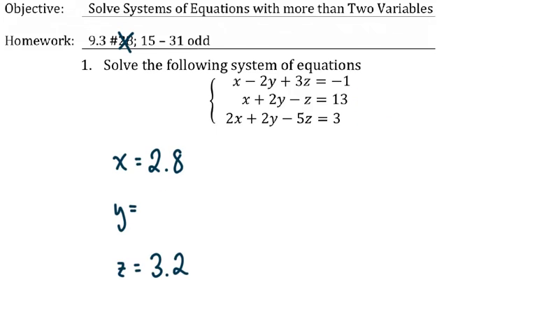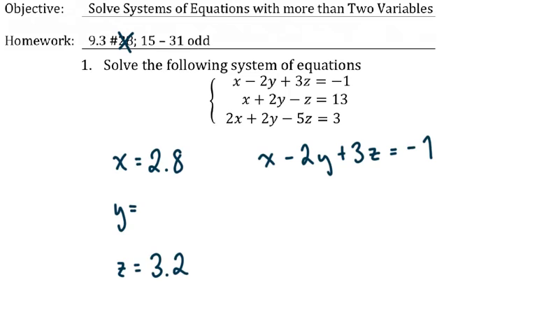So I cleared up our space a little bit. We have the two answers we found so far. And you'll notice here we still have one variable missing. But we have a bunch of these equations that'll help us get there. So I'm just going to take this first one here that says that x minus 2y plus 3z equals -1.